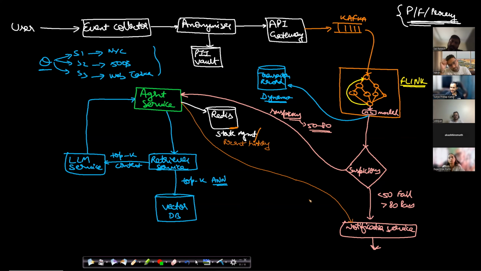Or if you are an international card holder, then potentially you are a traveler even though you have not traveled. So there can be another flow for it where it tries to retrieve global information. When the retriever service works, it doesn't just work on the vector DB, but it tries to see the global state, that have you traveled.